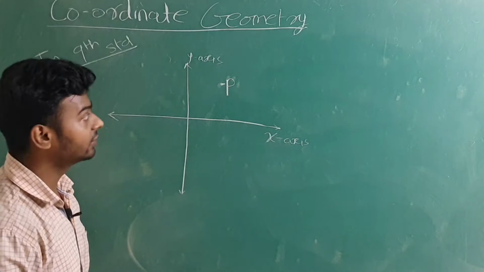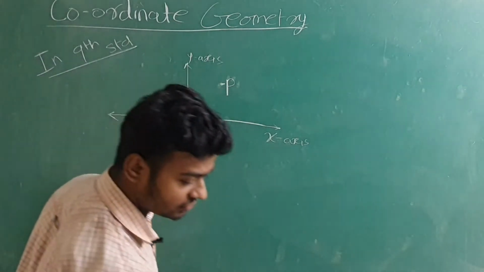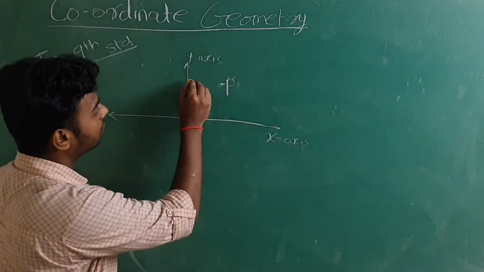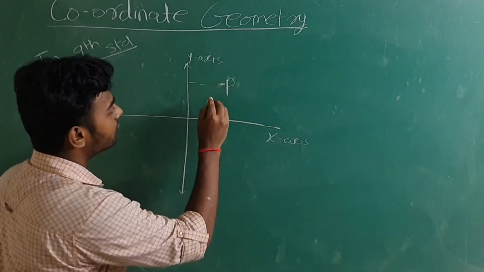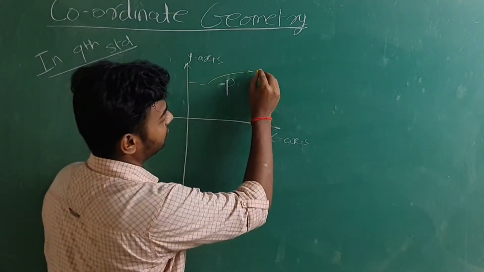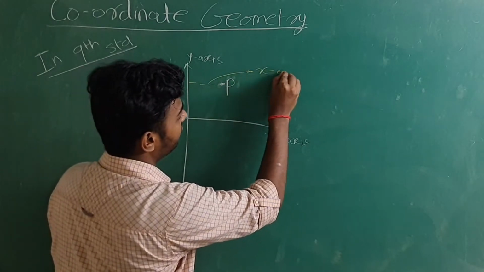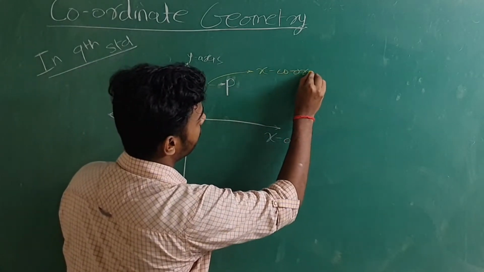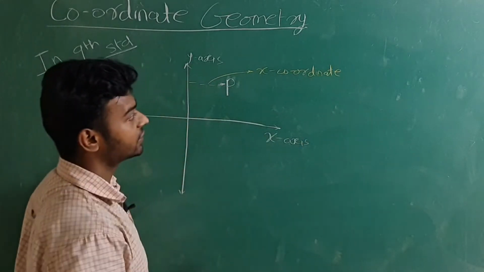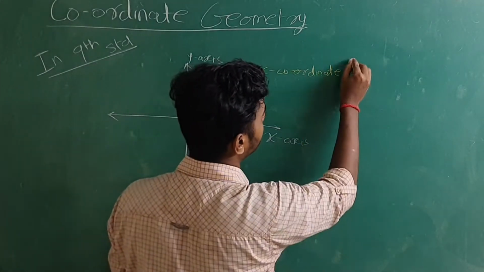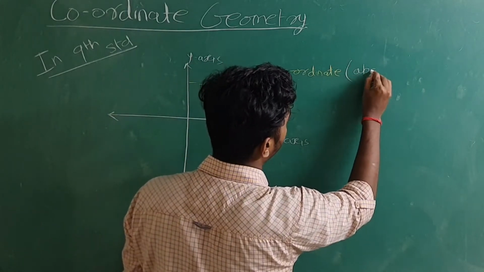And we know that the distance of a point from the y-axis is known as the x coordinate, which is also known as the abscissa.